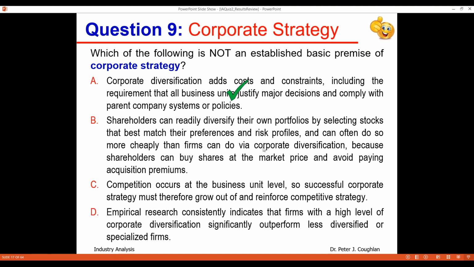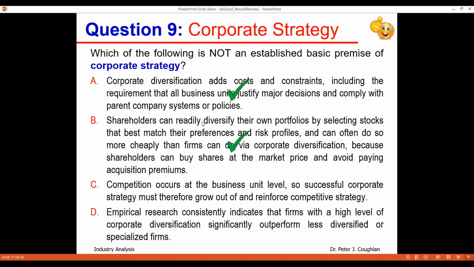Because why can you diversify any better than your shareholders can? Give the dividend back to the shareholder. Let them diversify, because they may want to be more or less risky than you. And moreover, they don't have to pay a premium. They can diversify at market price instead of paying an acquisition premium. So that is one of the basic premises of corporate strategy.